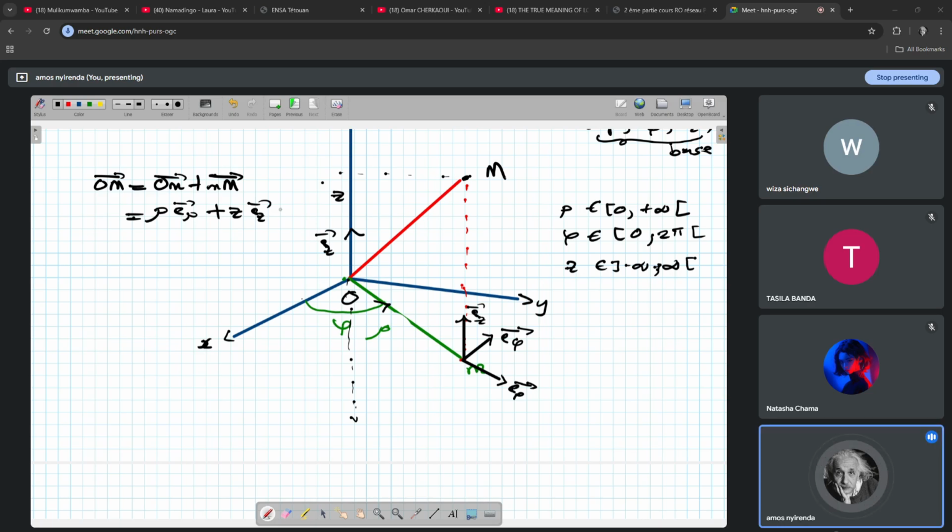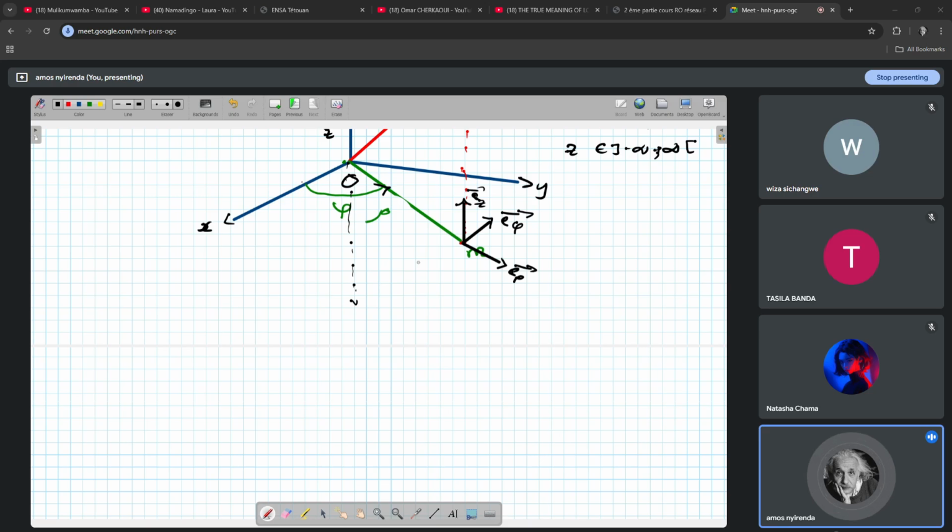And then there's a correspondence with the Cartesian coordinate system. If you have the Cartesian coordinates, we have parametric equations that link the two coordinate systems. So we have this x here.